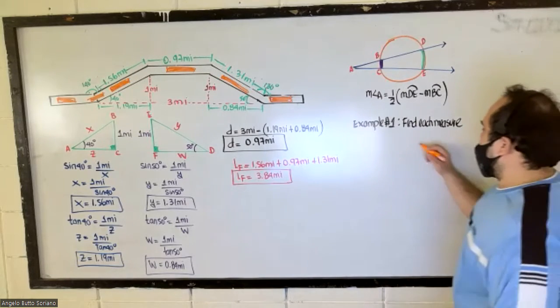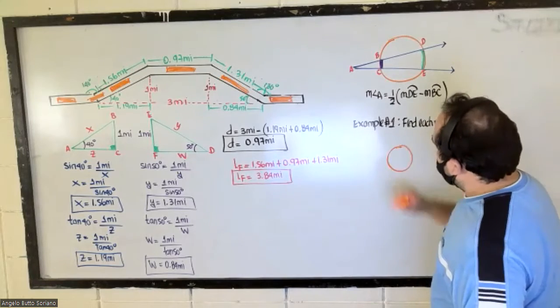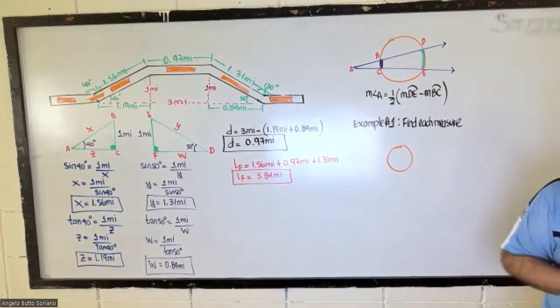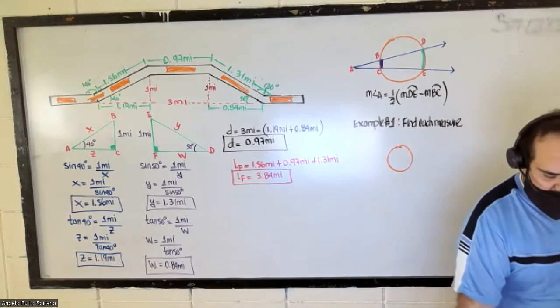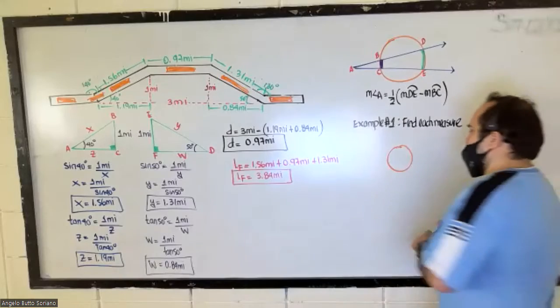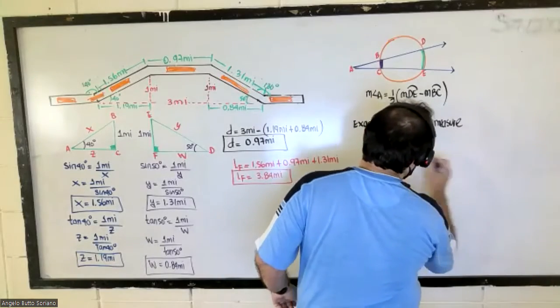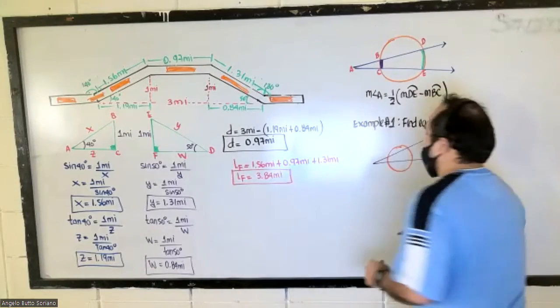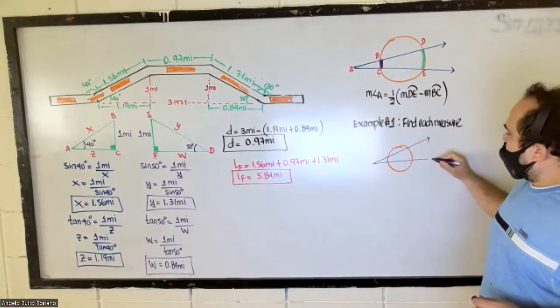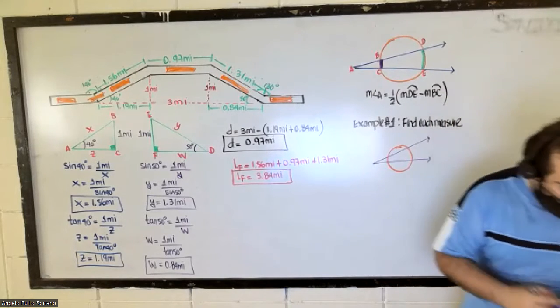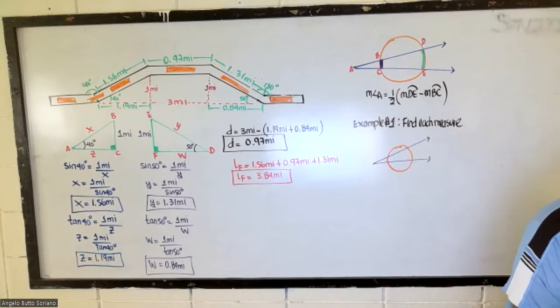Okay? So we have the circle. Once again, my apologies. The circle, we have the two secant lines. We have one over here and another one over here. And what will be the measures?